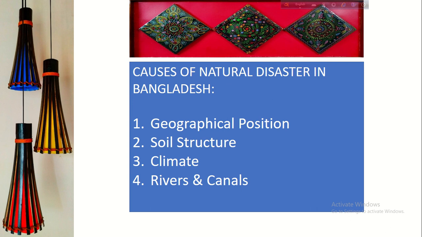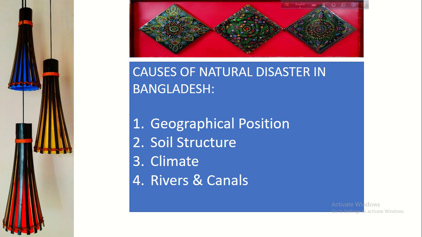Soil structure. Most of the land was built in recent time due to flood, so we can call it floodplain regions. Most of the soil of Bangladesh is made of sedimentary rock, so it is not as concrete or compact as hard rock. Climate.